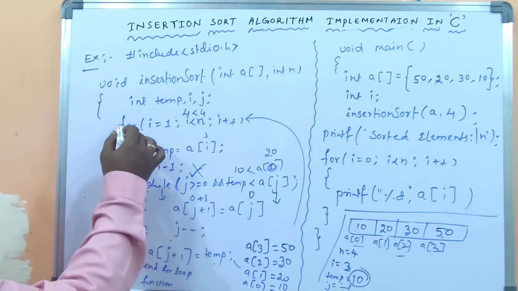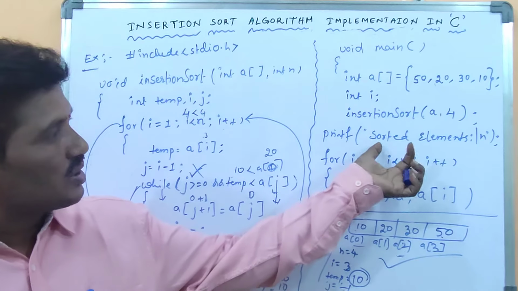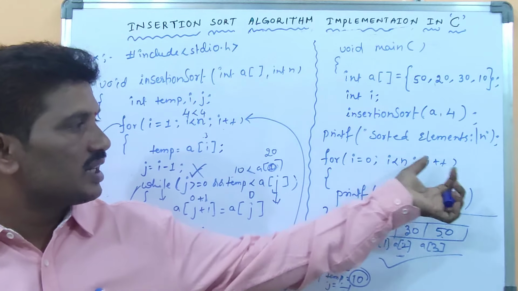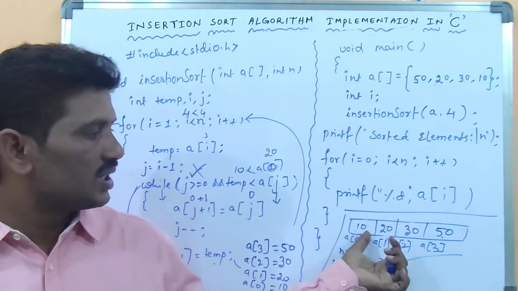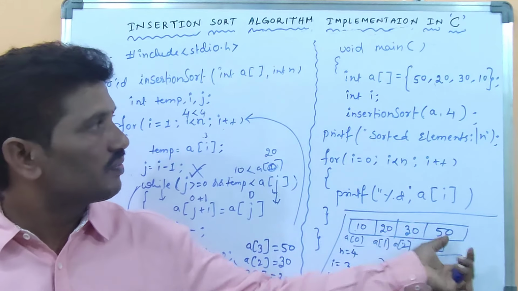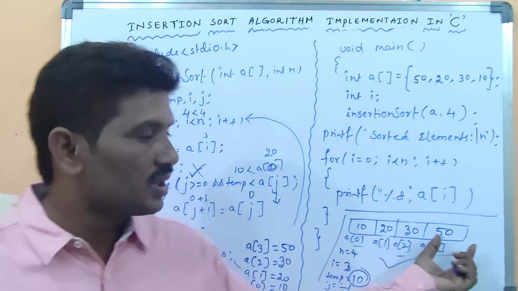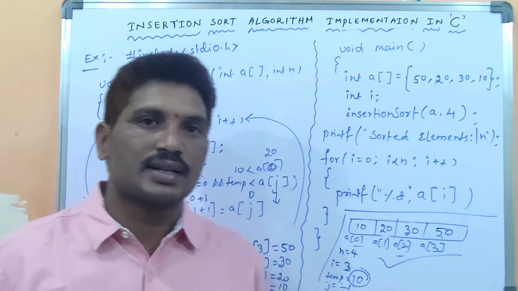10, 20, 30, 50. Yes. The elements are sorted. Please check it once. Here this is the unsorted list. Then after that, when you display the sorted elements, I equal to 0, I less than n, I plus plus: A of 0, A of 1, A of 2, A of 3. 10, 20, 30, 50. All the elements are displayed in the sorted order.